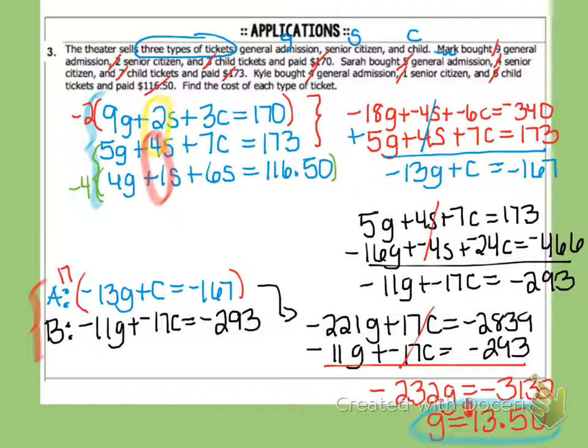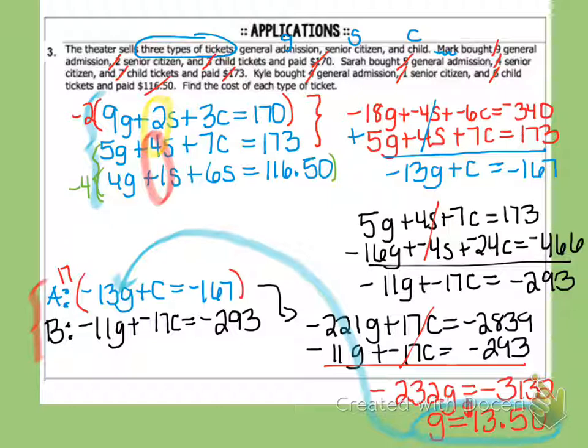So general admission, $13.50. We can take that G and we can plug it into one of the original equations up here, A or B. So I'm going to plug it into this one right here, and then we can find out what C is. So when I multiply that by negative 13, so negative 13 by 13.50 is negative 175.5, and all I have to do is then add that to the other side.